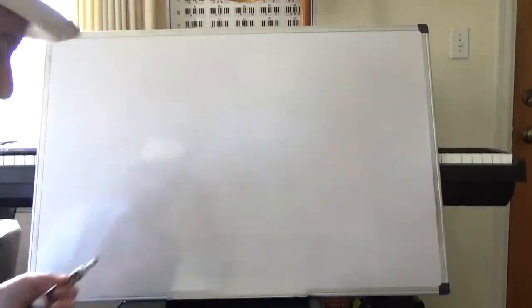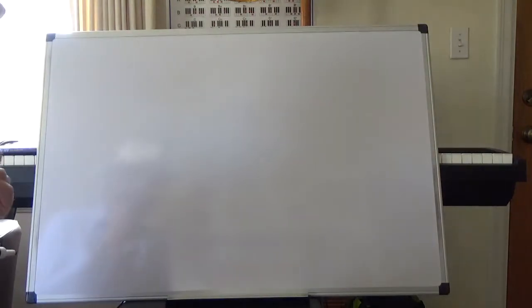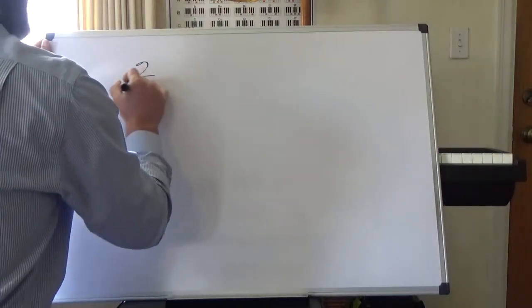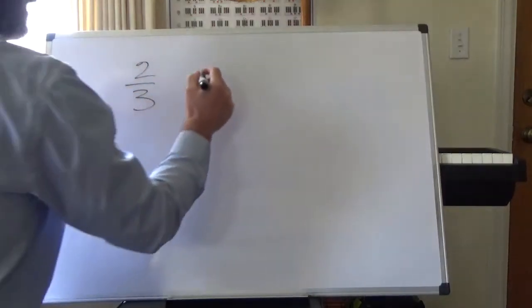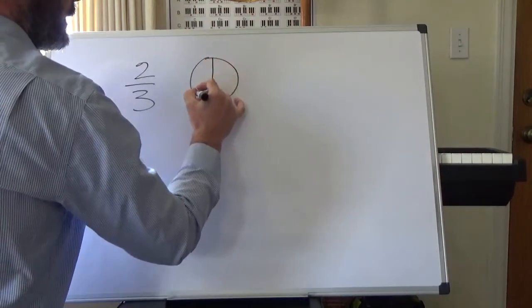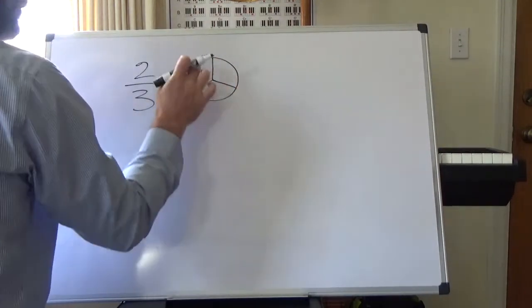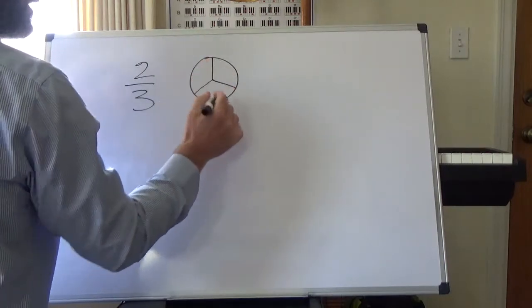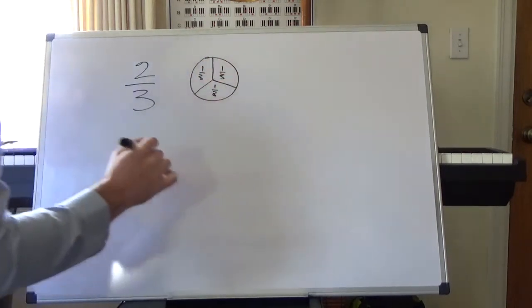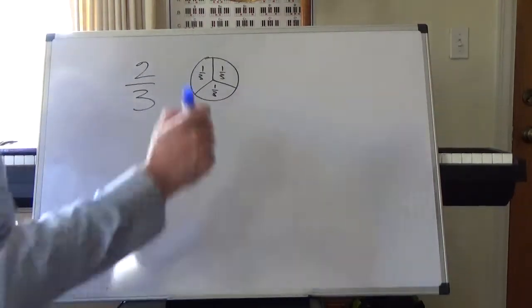One thing you'll be asked to do this week is to draw a picture of a fraction in a few different ways. So if I think about the fraction 2/3, and I want to represent that, oftentimes we can use just a circle, and I'm going to pretend all of these are thirds, right? These are all thirds, and I want 2/3 indicated.